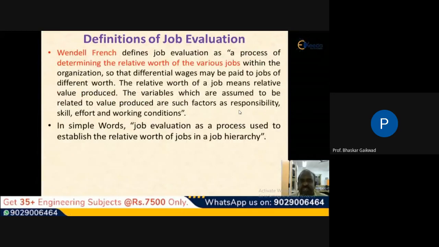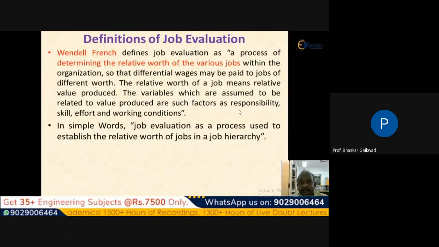Mr. French defines job evaluation as a process of determining the relative worth of various jobs. The same thing as the previous one. It is going to determine the relative worth of various jobs within the organization so that differential wages can be provided to them. So if you have different jobs, different types of salary are going to be given.